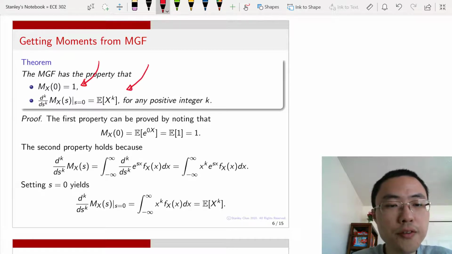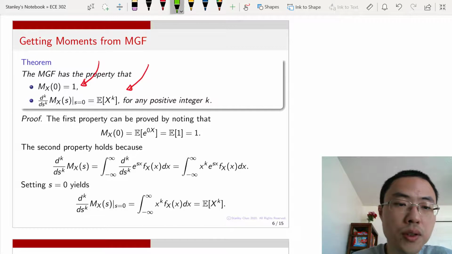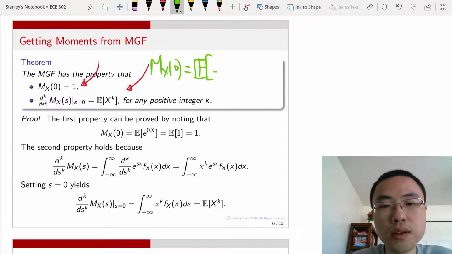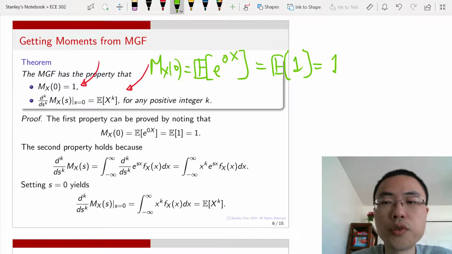If you take the kth order derivative of the function, then you will get the kth moment. Now let me show you how. The first property is pretty straightforward. You have the expectation of e to the power 0 times x. This is e to the power 0, and that will of course give you 1.